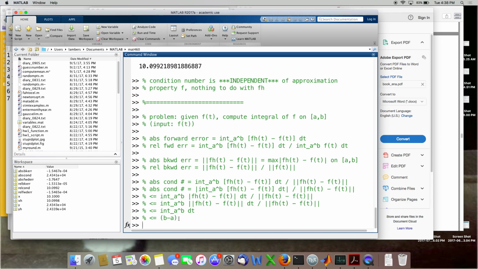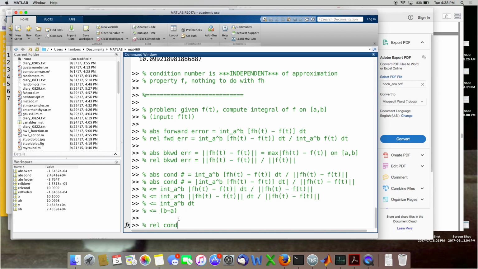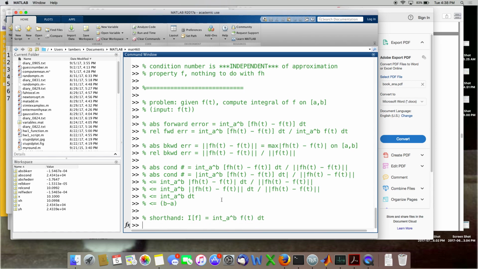On the other hand, if we take a look at the relative condition number, that's something that's going to get a bit messy. But I'm going to define some shorthand here. If I use square brackets, I[f], that is a commonly used shorthand for the integral of f from a to b.